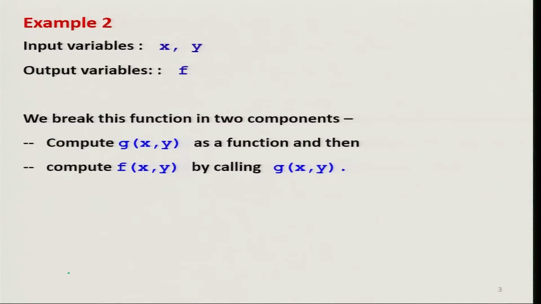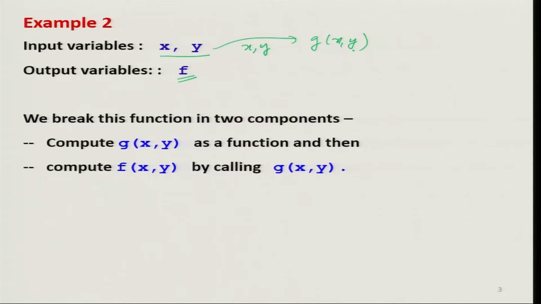Now in this example you can see we have two input variables x and y. They can obviously be some data values, and the output variable here is f, and this f is going to depend also on a function of x and y, something like g(x,y), but not directly, as an indirect dependence.